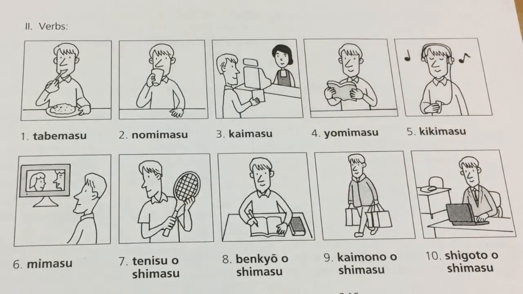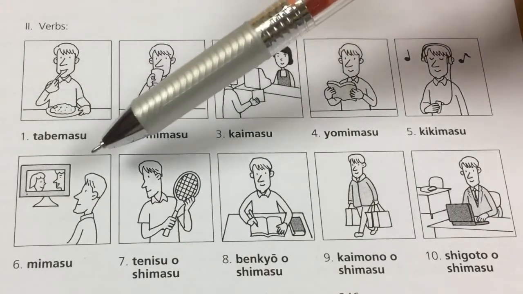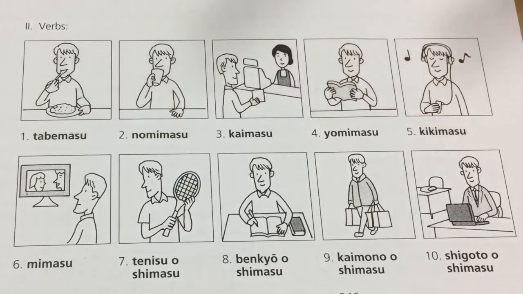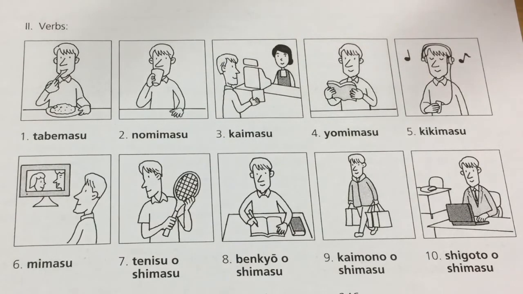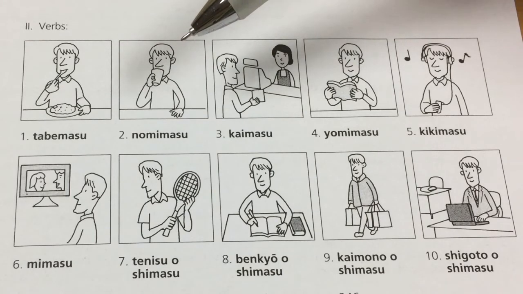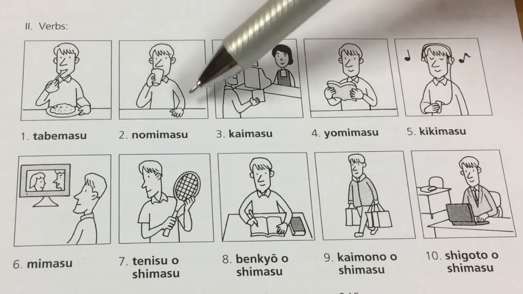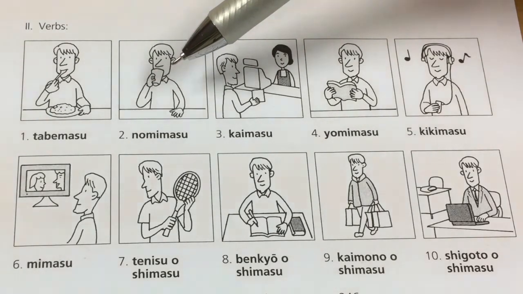There are many verbs, so if you would like to master this lesson, the first thing to do is to memorize all the verbs. For example, to eat is called tabemasu. To drink is called nomimasu. In Japanese culture, when you take medicine, we say drink a medicine, kusuri o nomimasu.